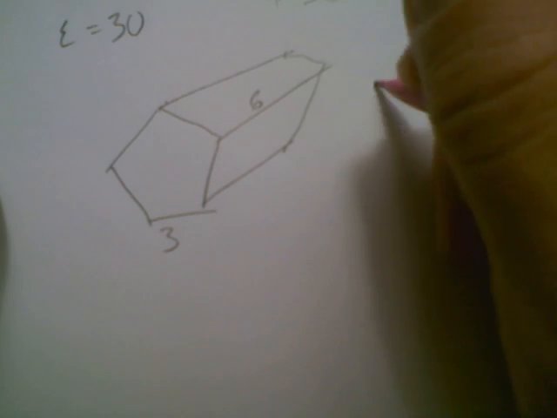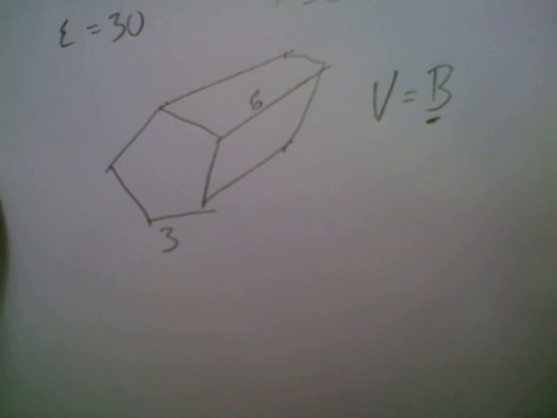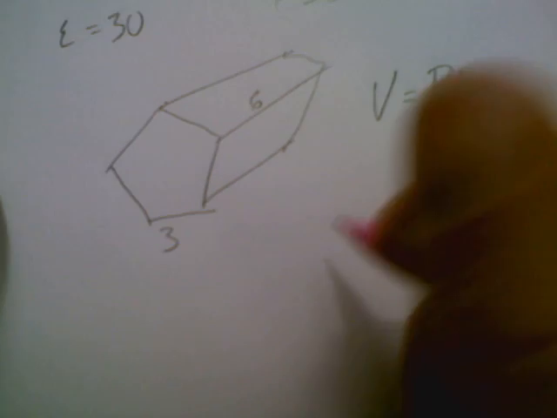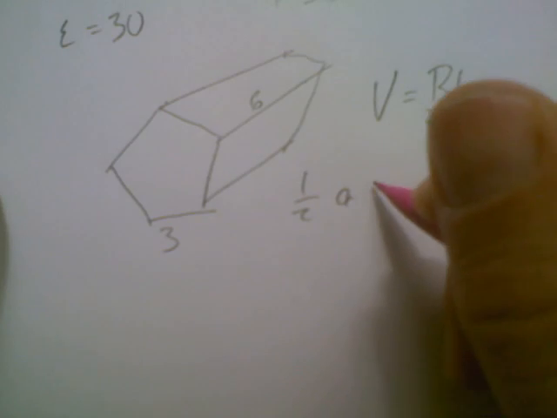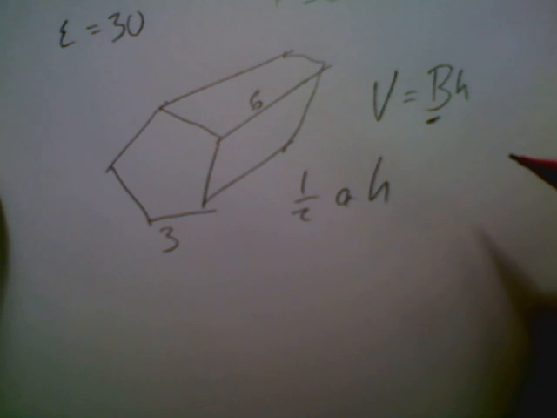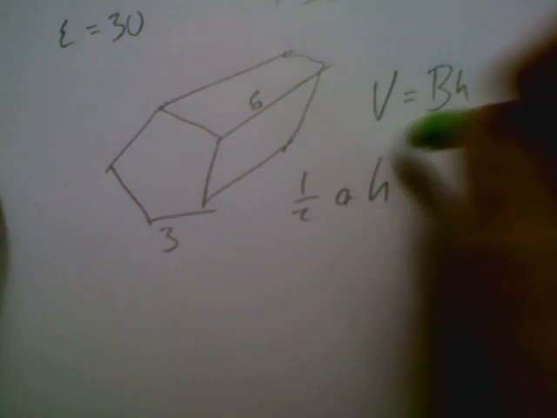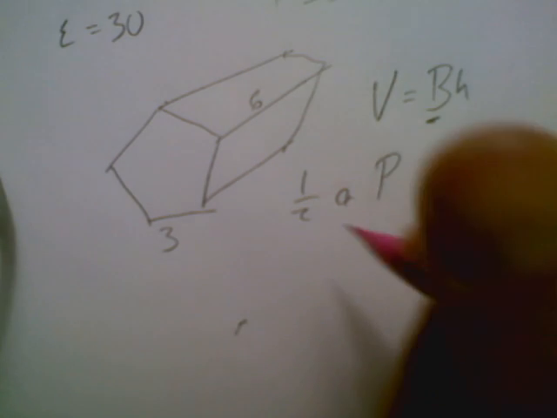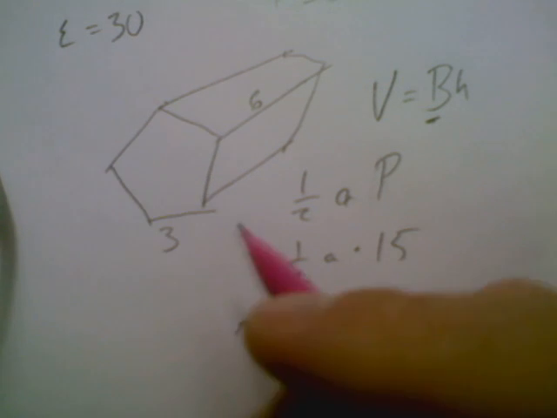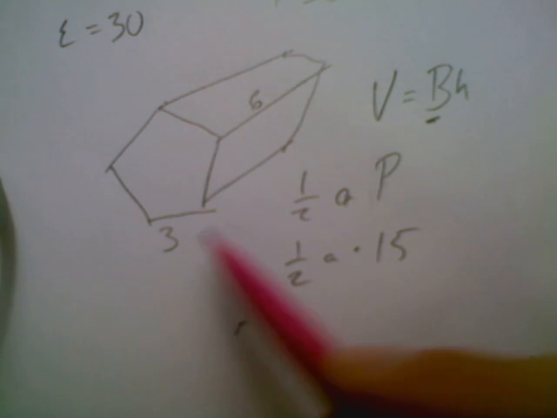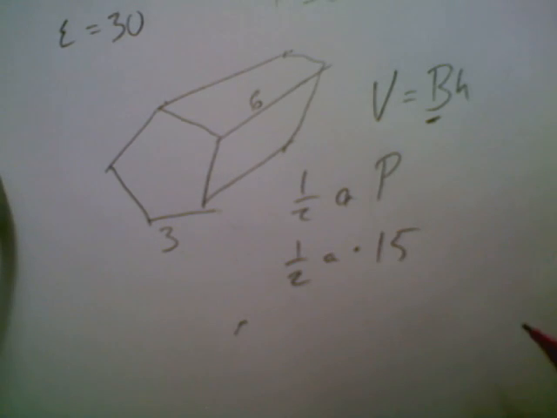Remember, it's the area of the base, by the capital V, times the height. But remember, the base is 1/2 the apothem times the perimeter. My mistake. Perimeter is going to be easy. 1/2 of the apothem times 15. 3 centimeters per side, 1, 2, 3, 4, 5 sides, but now we have to find the apothem.